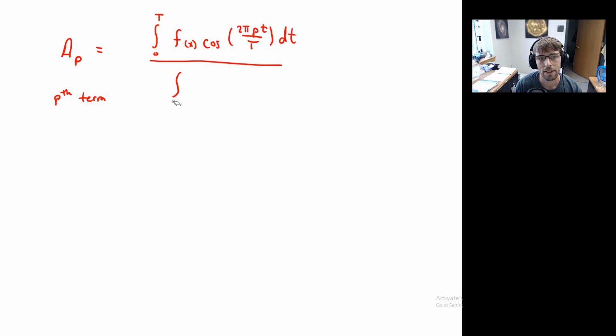And so at the end of the day, I can write that the coefficient for the pth term is equal to the integral from 0 to T of our function times cosine of 2 pi pt over T dt, divided by the integral from 0 to T of cosine squared of 2 pi pt over T dt.